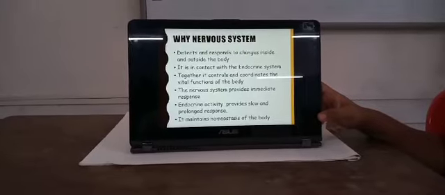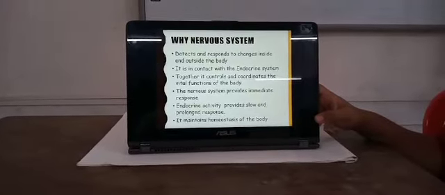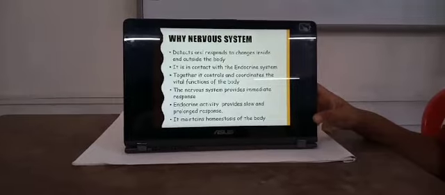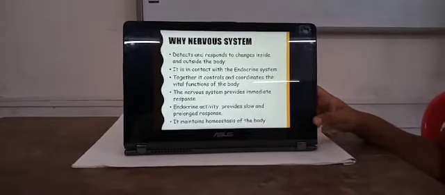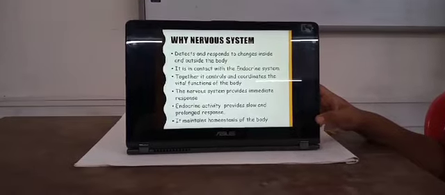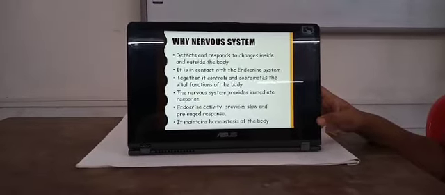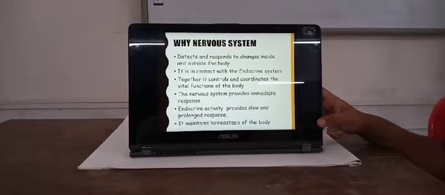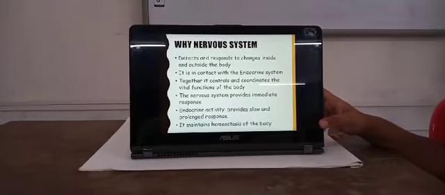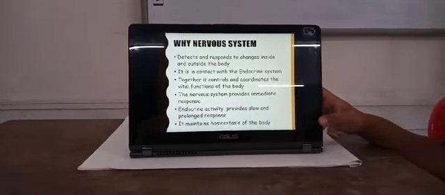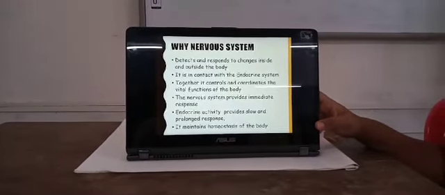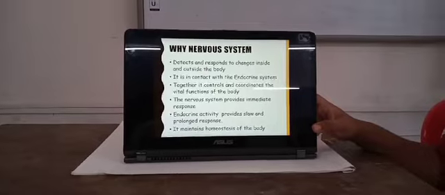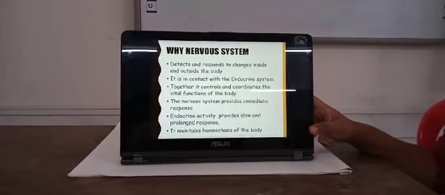Every time whenever you feel something, the brain asks the endocrine system to produce certain hormones, and these hormones are released in response to the stimuli that takes place. Together it controls and coordinates the functions of the body. The nervous system provides immediate response, providing the hormones that are necessary for the action.